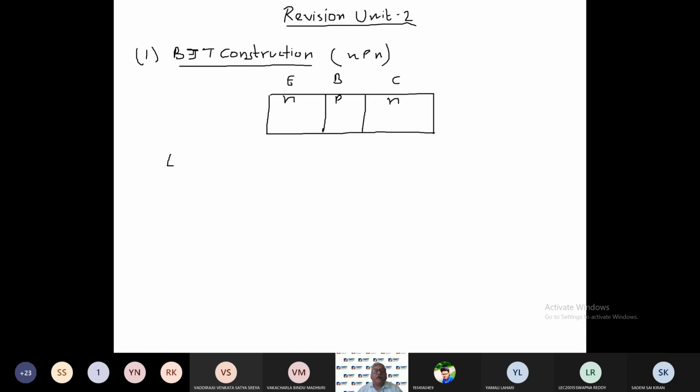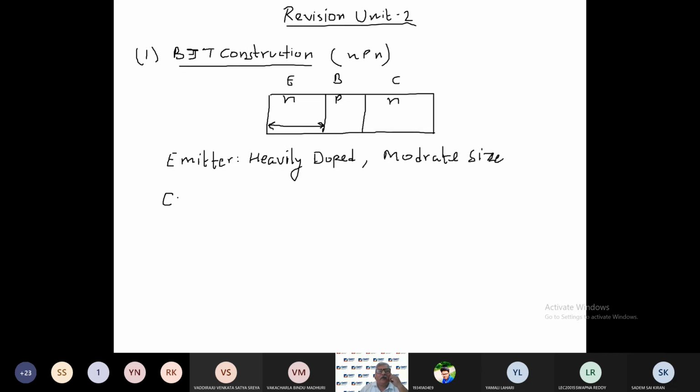So emitter is heavily doped and moderate size, right? Size we are talking about this size, it is moderate.